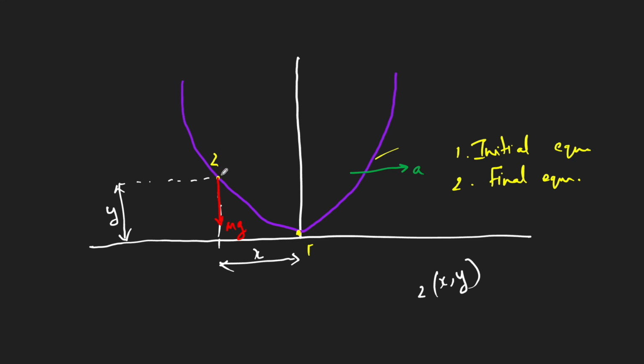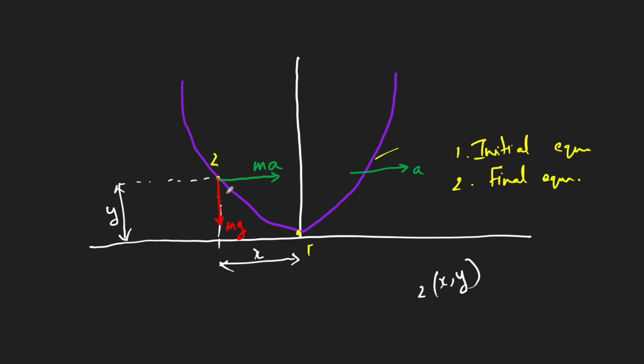So this bead must also experience a force in this direction. The mass of the bead is m, so it should experience a force of ma. So these two forces should be there, mg because of the weight, ma because of the acceleration of the system.